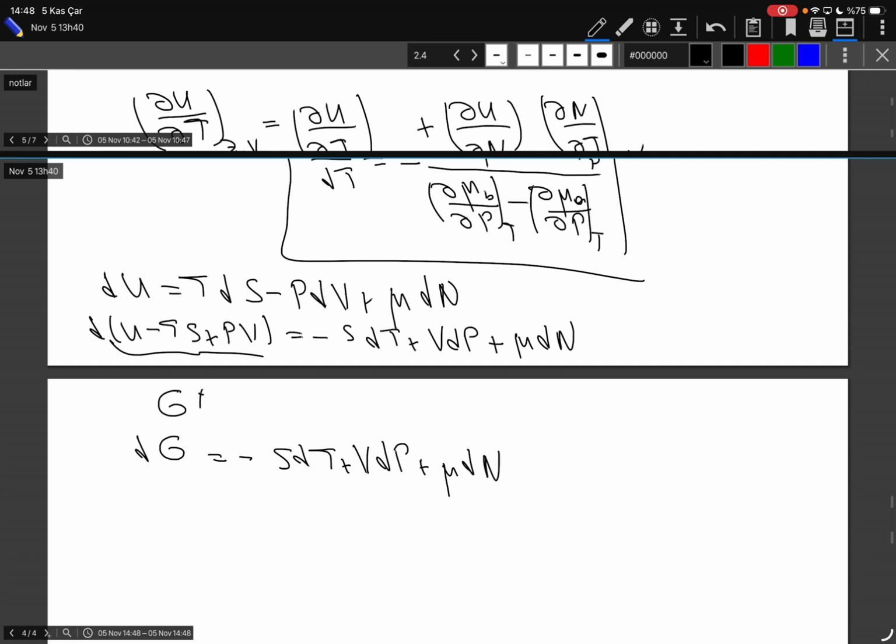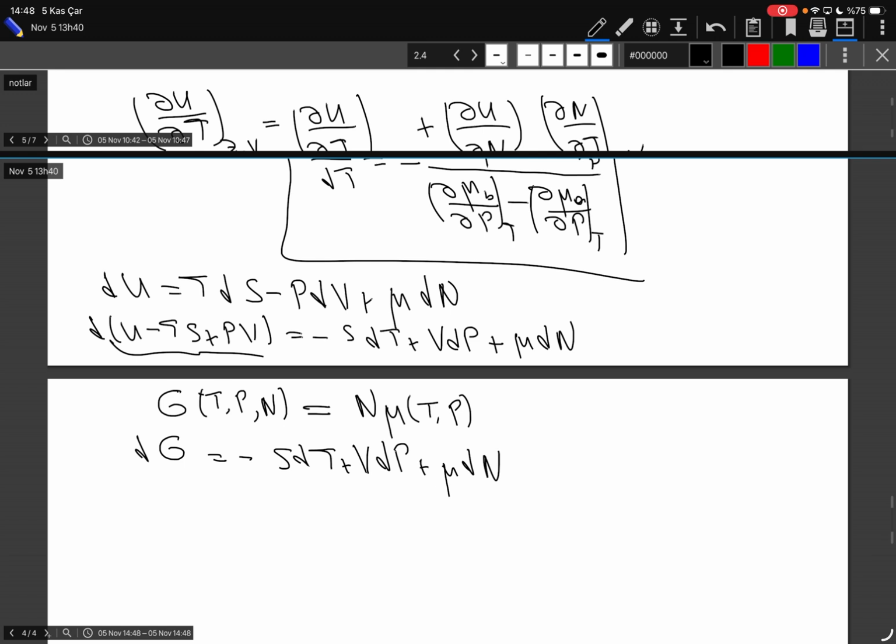It depends on T, P, and N. The only argument it depends on which is extensive is N. So since G is extensive, it has to be proportional to the number of particles multiplied by a function that depends only on T and P. And in fact, that function is nothing but mu.